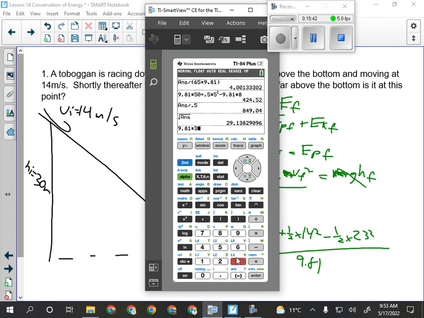So they've gone a little more than halfway down the hill. They're now only 13 meters above the bottom of the hill.